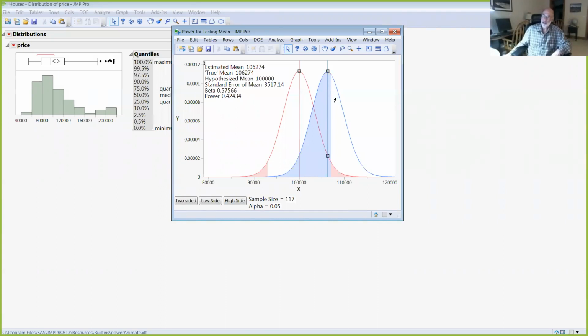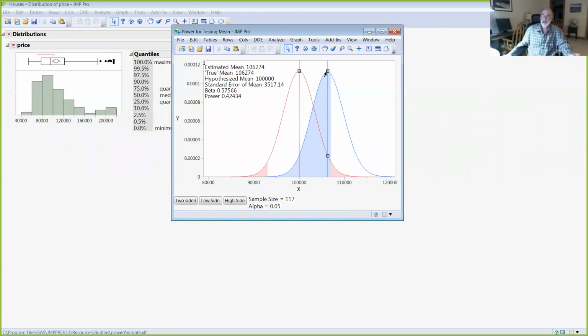The power of this test is the blue shaded area, and it's asking the following question. If the true mean is as we found, how likely is it that the test that we're conducting would be unable to conclude that the real mean is not 100,000?